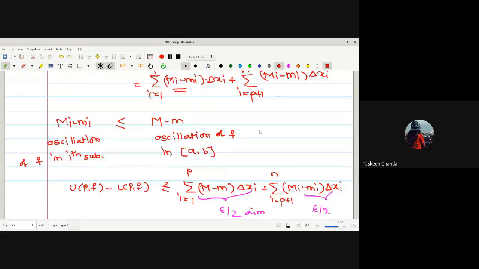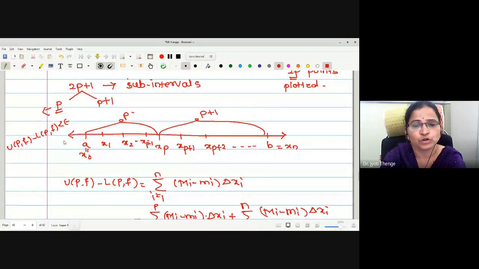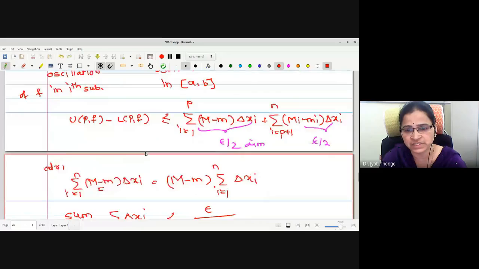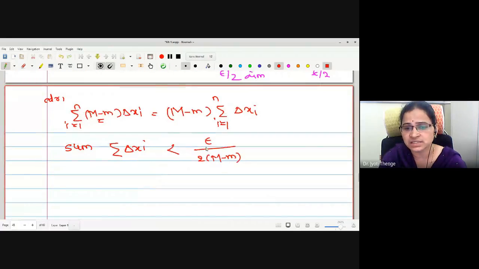Yes, ma'am. We want to choose the p intervals in such a way that the sum of the lengths of these first subintervals containing p points of discontinuity is less than epsilon upon 2 times M minus m. Why have we selected this quantity? Because if I put this value here, the contribution to UPF minus LPF will be less than epsilon by 2.